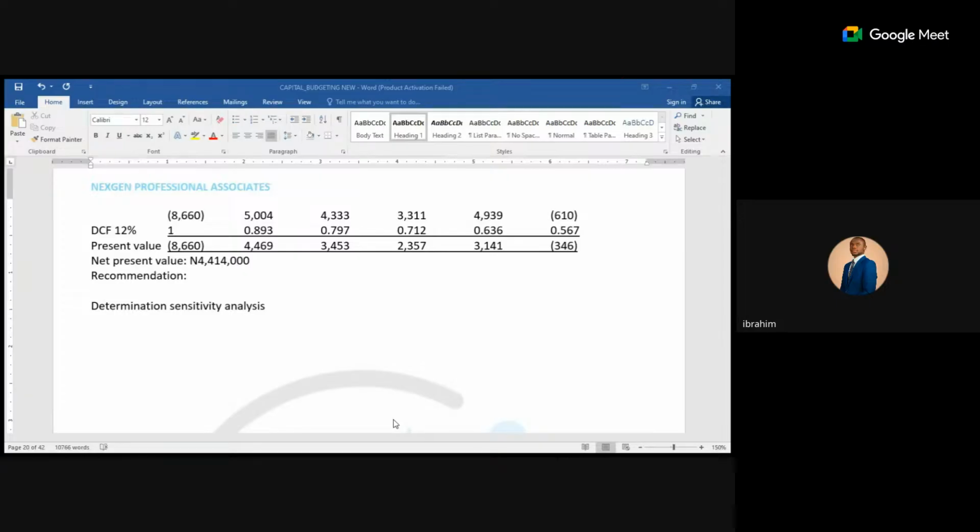Let's assume the question says we should do a sensitivity analysis on sales, in value or selling price. It is still the same formula. What is our formula? NPV equals present value of what?